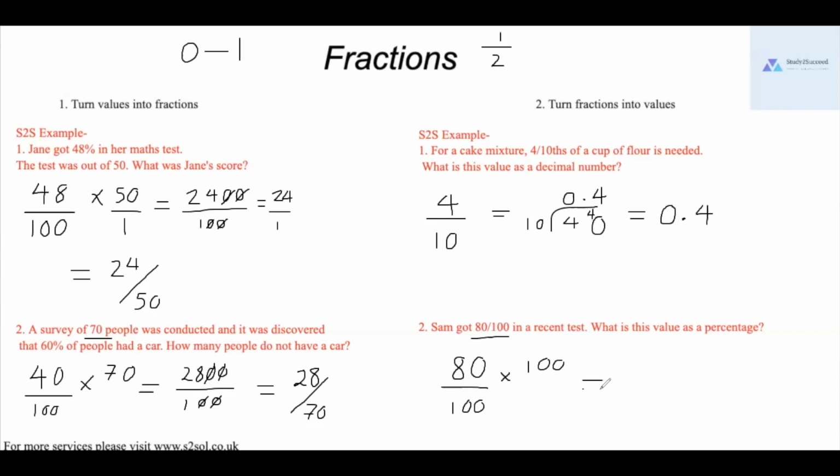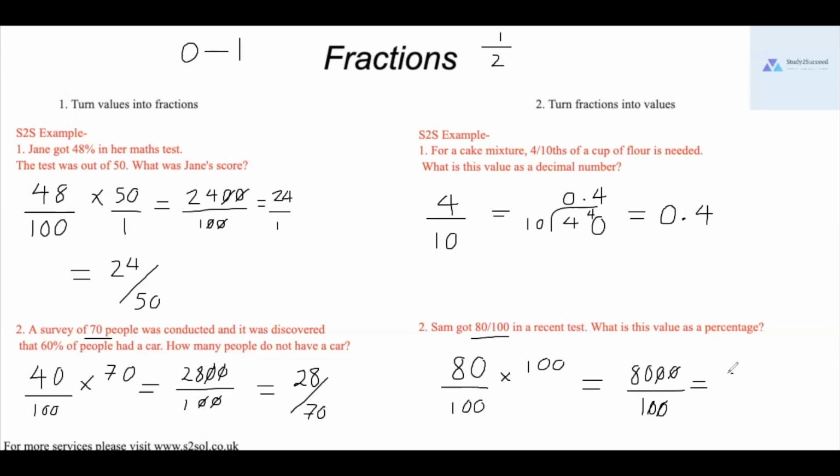And this would give us the value of 8,000 divided by 100. We can simplify this down to 80 over 1.